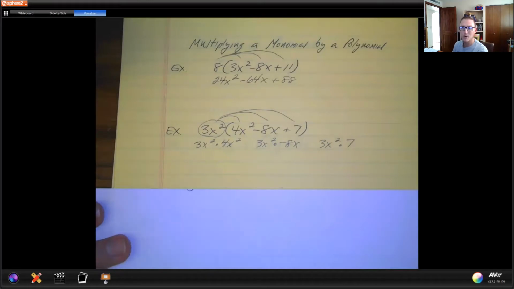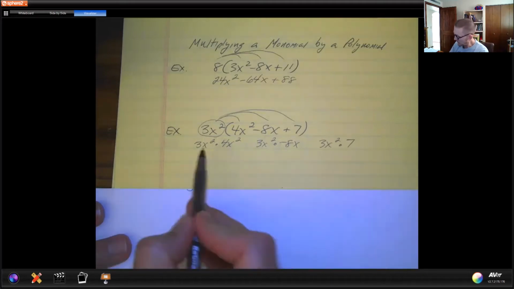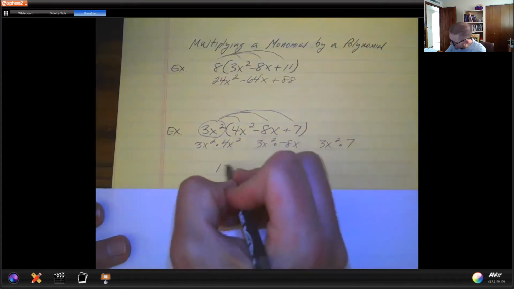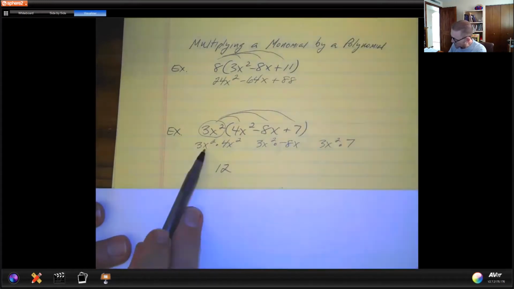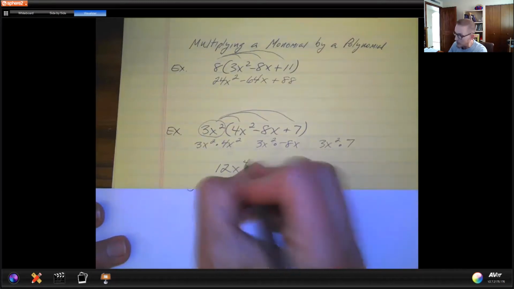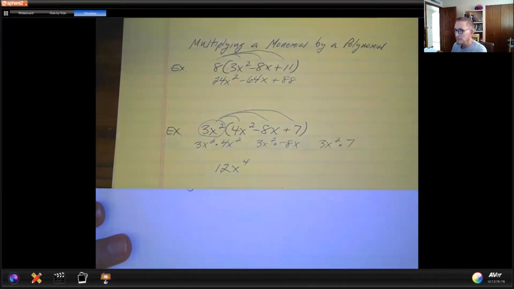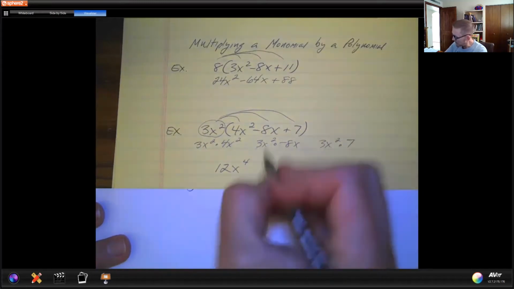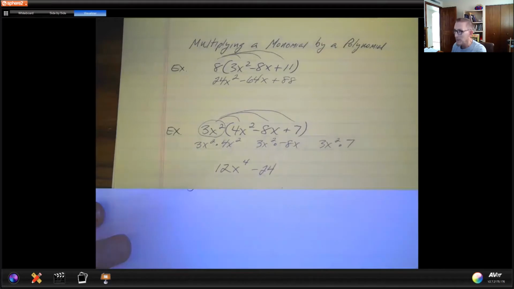Now we're going to have to remember our exponent rules and how we multiply things with coefficients and the same base. So for this one here, the 3 and the 4 multiply, and that makes 12. And the x squared and the x squared is the same base, so we add the exponents and get x to the 4th power. For the second one here, 3 times -8 is -24.